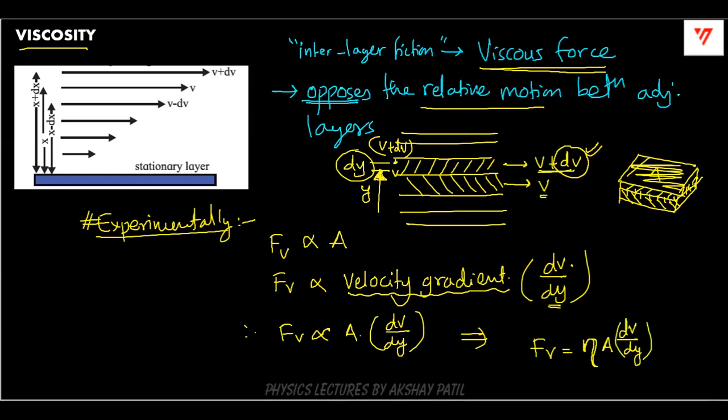This is the final expression for the viscous force among the layers of fluids, and this term dv by dy is called the velocity gradient.